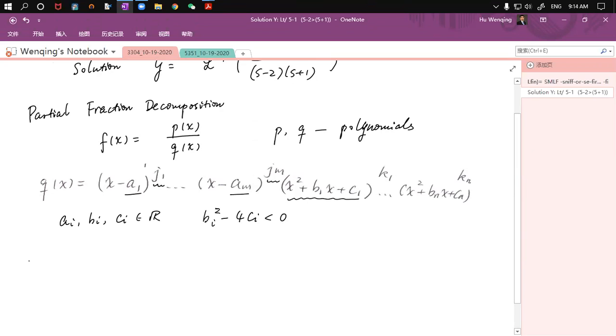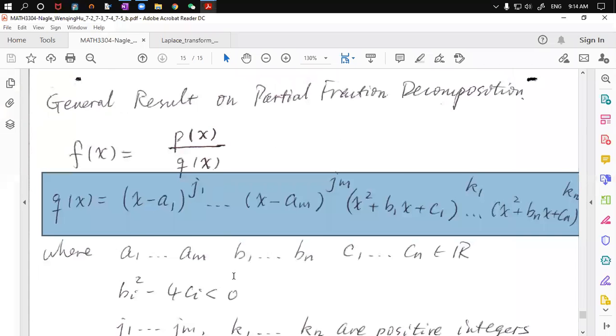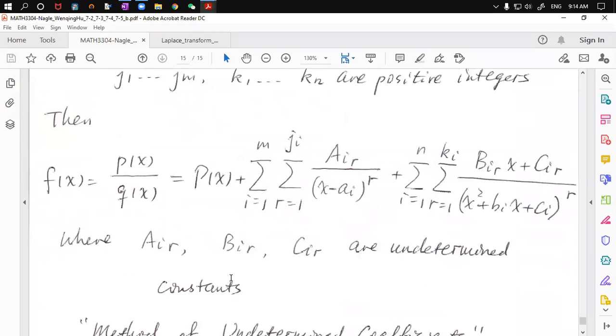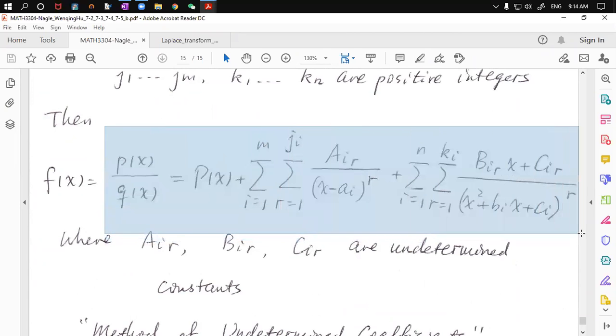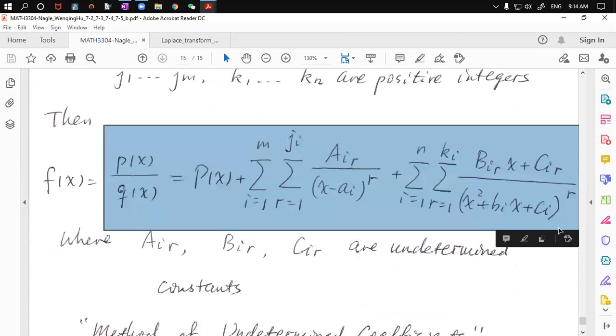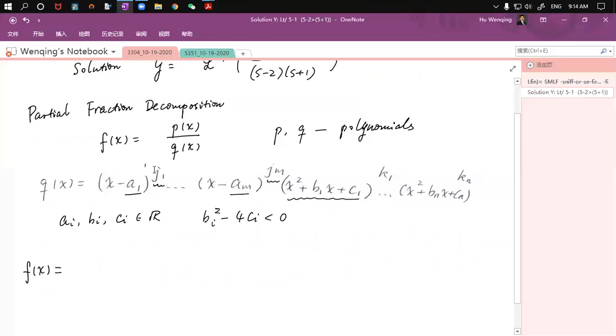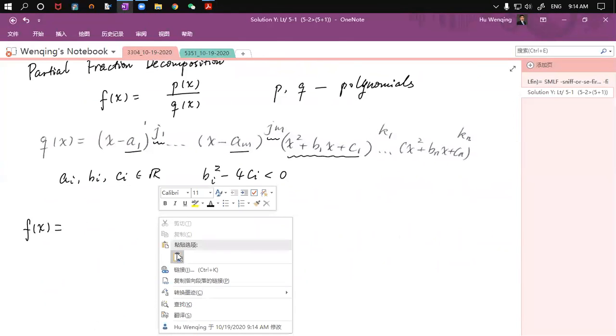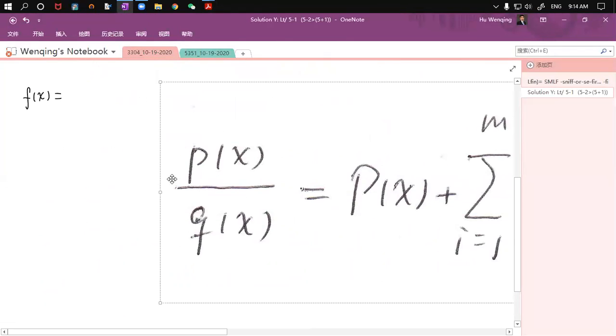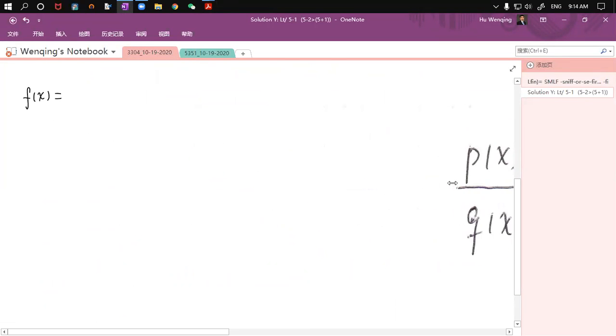Now the partial fraction decomposition simply says that you can decompose the f of x into partial fractions of this form. It is a little bit stunning, a little bit intimidating, but it's not so complicated as long as you get really familiar with it.